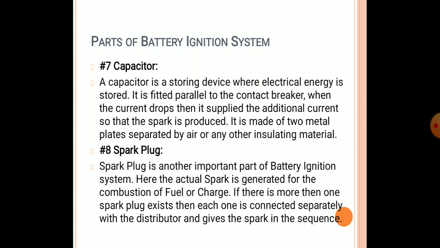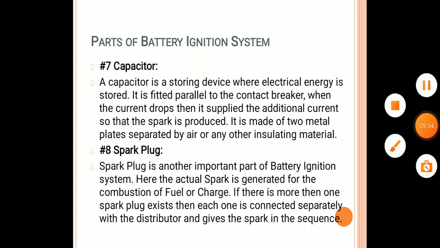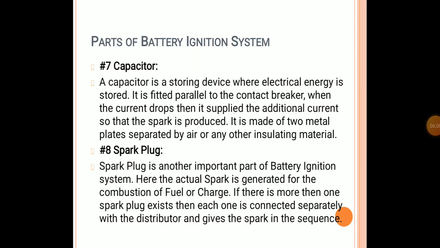Then the capacitor and the spark plug are the final parts of the battery ignition system. The capacitor is a device where electrical energy is stored, and it is fitted in parallel to the contact breaker.